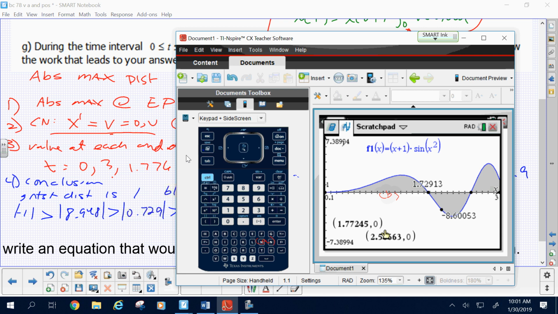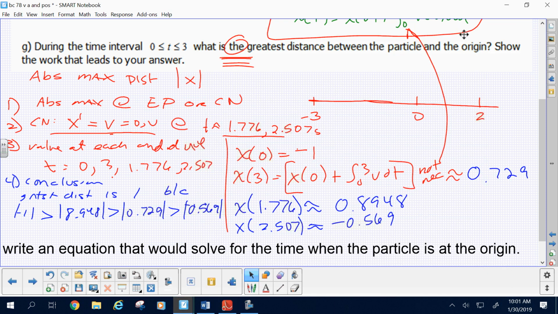It started at -1, it moved right until it got to 1.772. So didn't it pass through the origin once in that front? Yeah? And then it moved left from an x of positive to an x that's negative, so it must have been 0 then. And then back right, so it must have passed through 0 how many times?